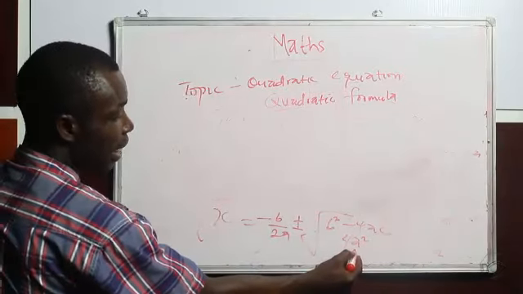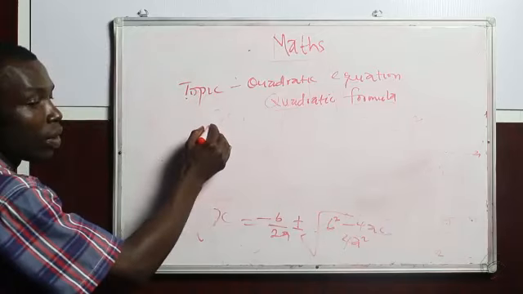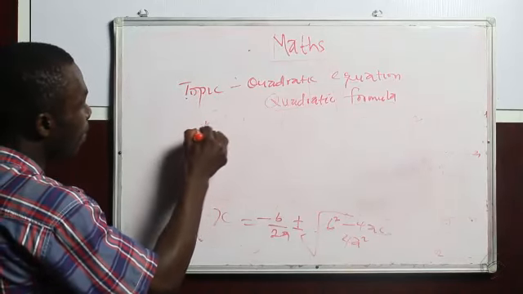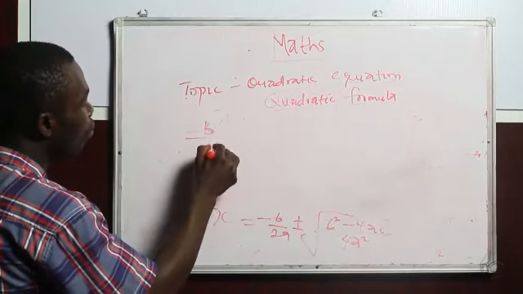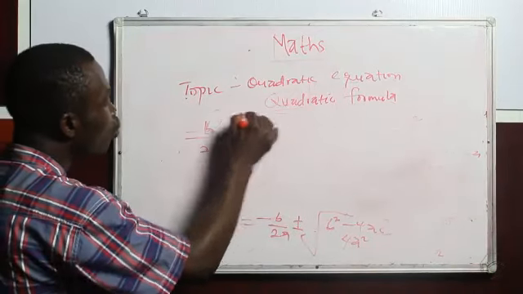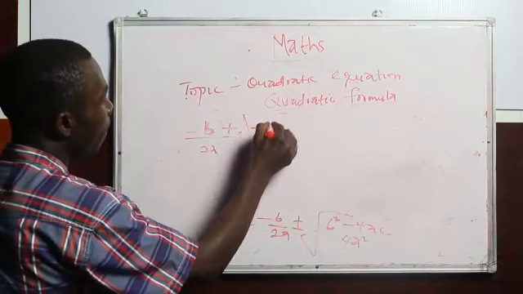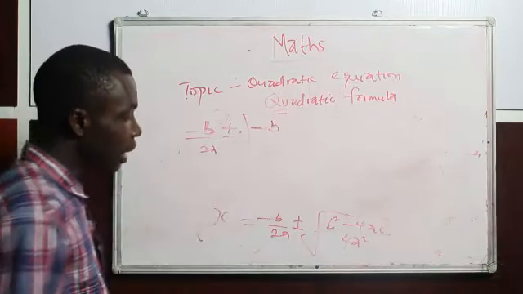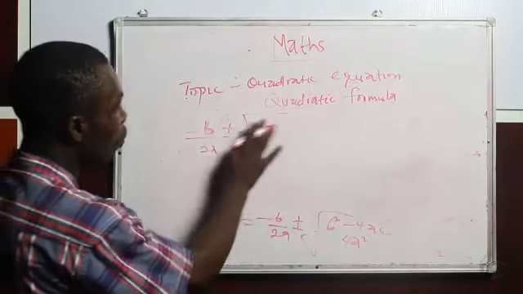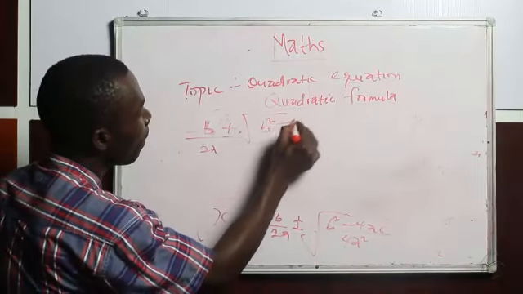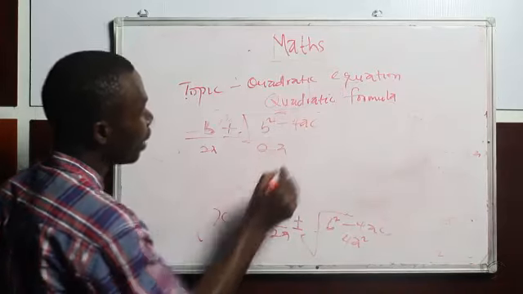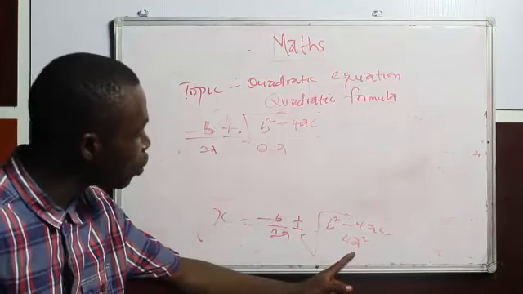If we root this side, we are going to have minus b over 2a plus or minus root b squared minus 4ac over 2a. Remember, the b here has turned to b squared, because we have root 4a squared.